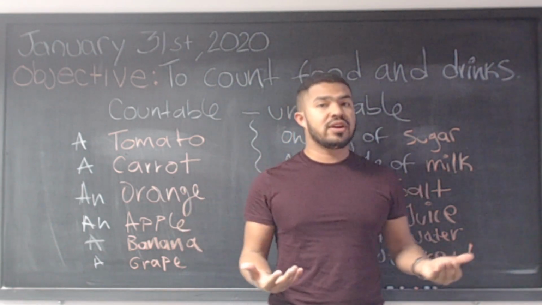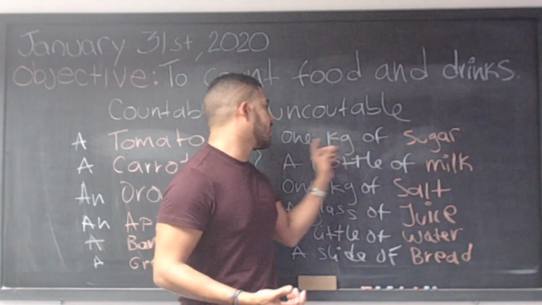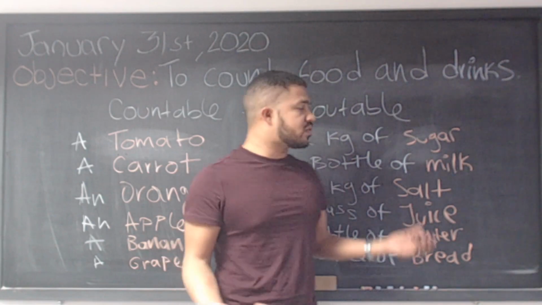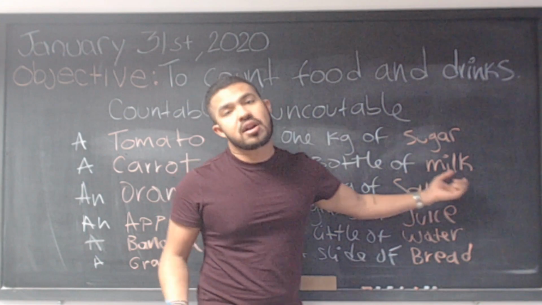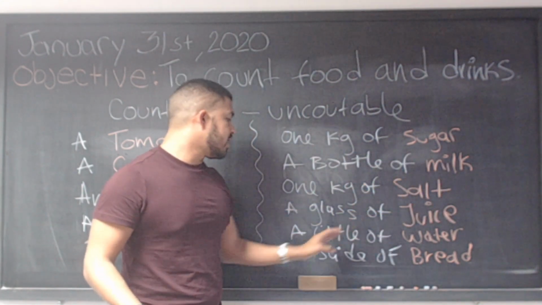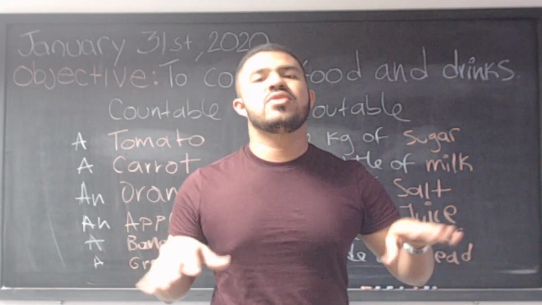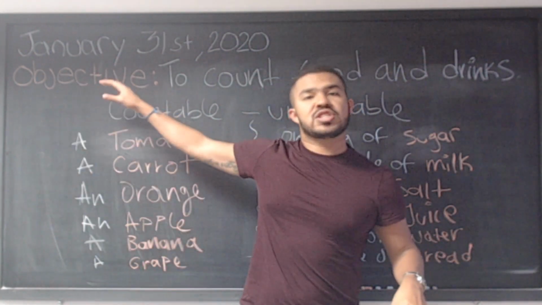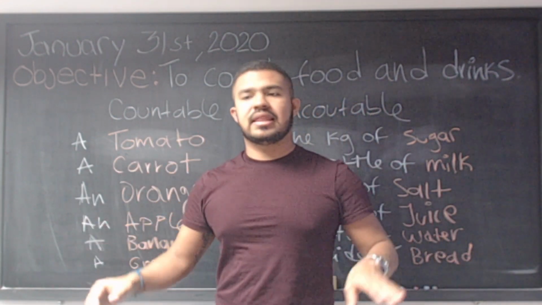So to refer to amounts, we use expressions like 1 kilogram of, specifying the amount of sugar you need. Or you can say a bottle of milk or a bottle of water, 1 kilogram of salt, a glass of juice, a liter of water, a slice of bread. That's the way you express that these nouns are plural. If you want to express that countable nouns are plural, just add an s.